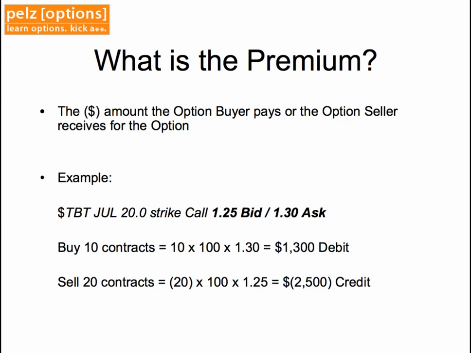If we decide to sell 20 contracts, we would have (20), and parentheses means it's negative because we're selling, times the multiplier, times the premium, 1.25, and that'd be a $2,500 credit. Now the multiplier is what each single option is worth. Basically, it is worth 100 shares, and this will usually always be the multiplier except as listed by your broker.